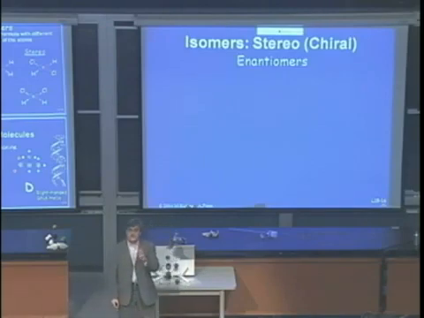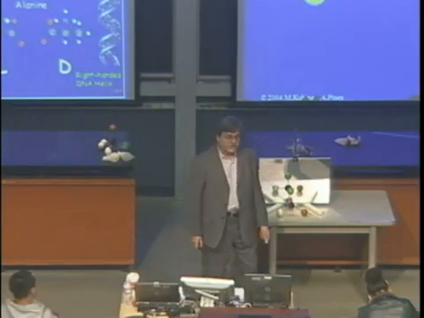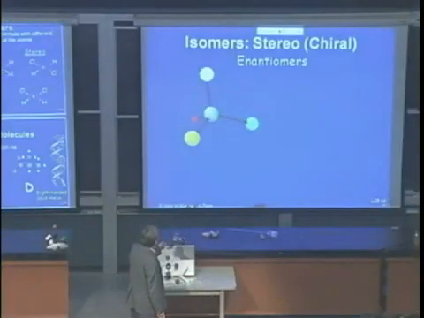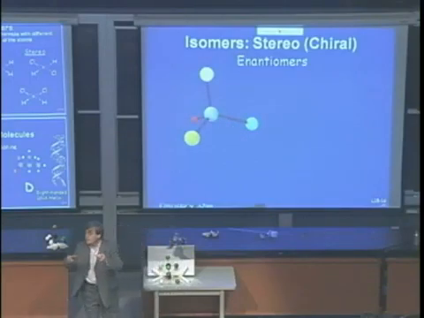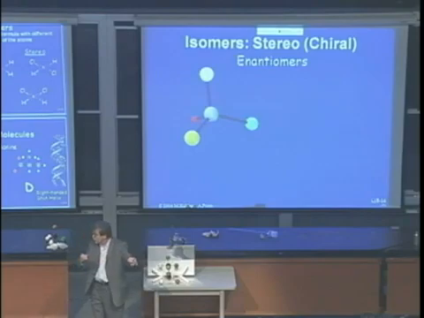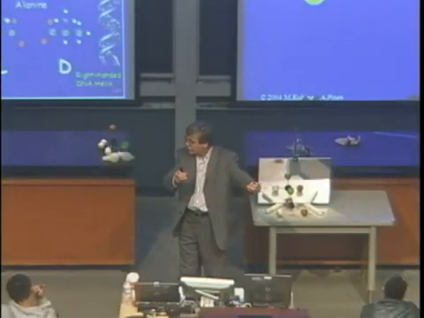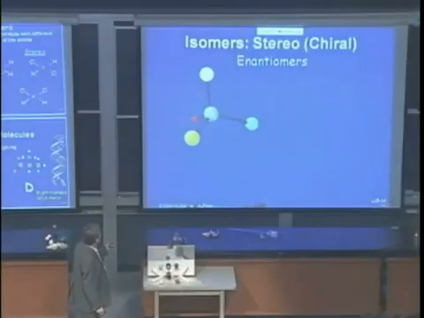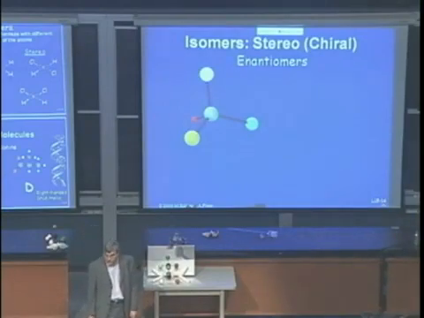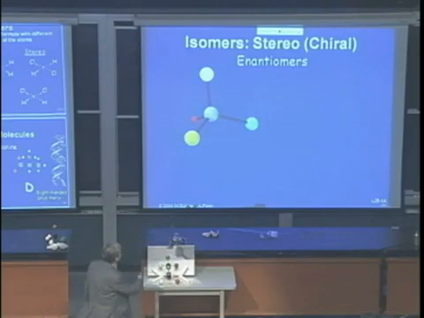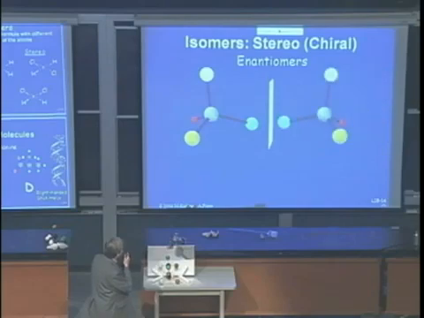The chiral center is one atom in the center with 4 different things attached, which can be atoms or larger groups of molecules. So this is the chiral center. And the isomer of this is only the mirror image. Only the mirror image of this would be the isomer.